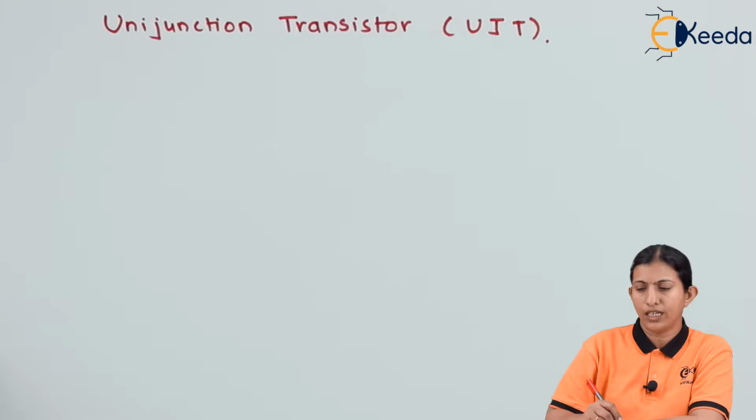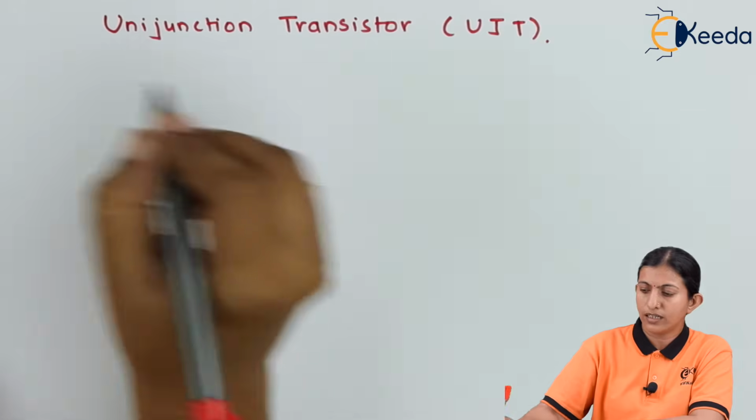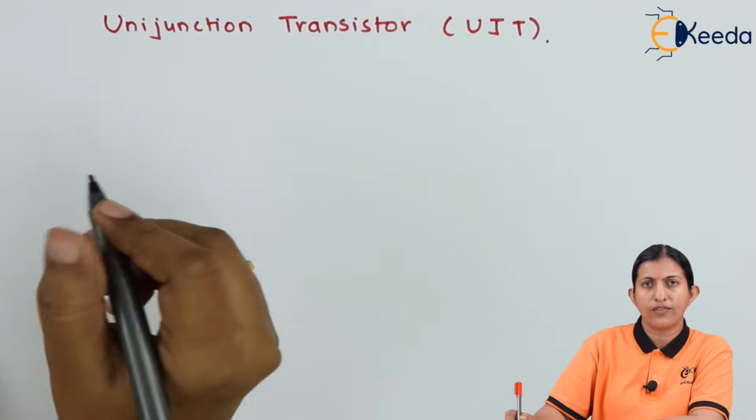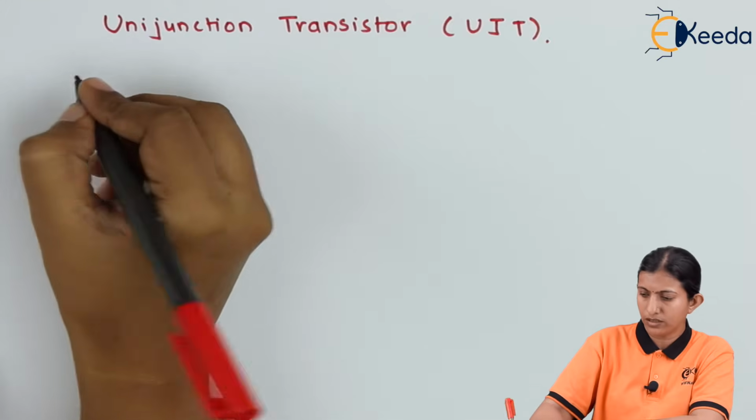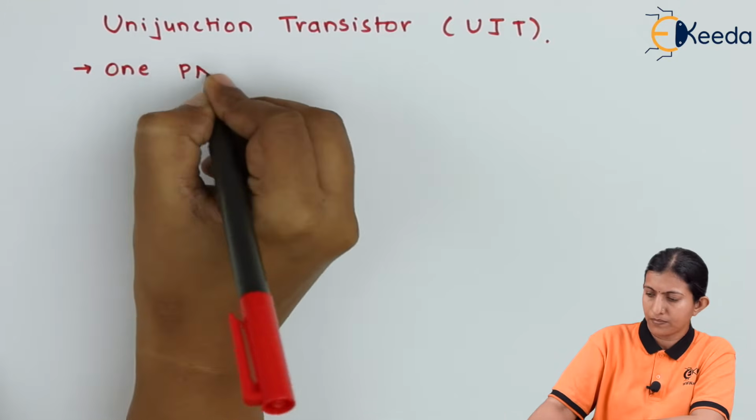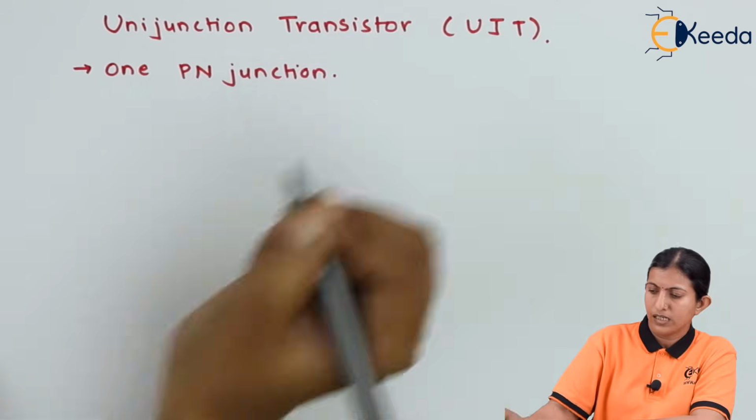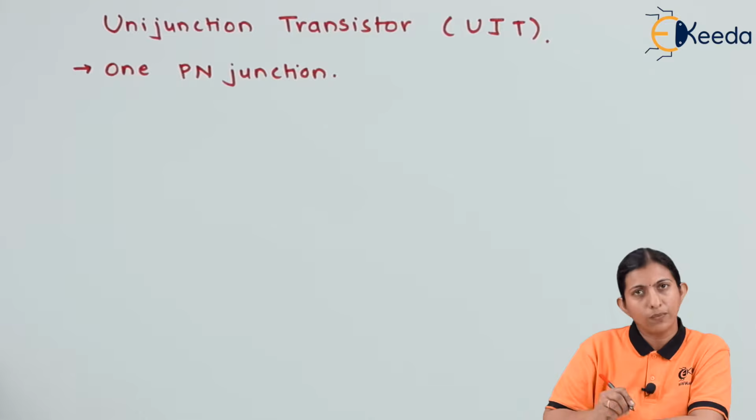Now in UJT, it is called a unijunction. Uni means single junction, that is, in this transistor it has only one PN junction. Since it has only one PN junction, this transistor is named a unijunction transistor.